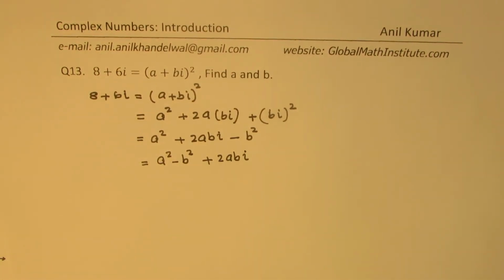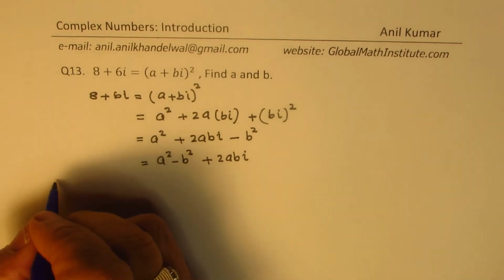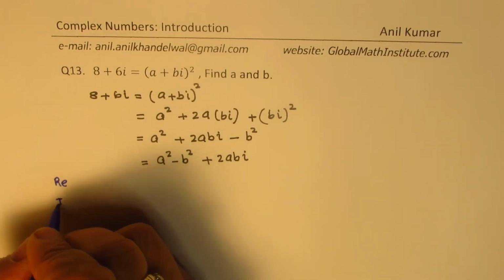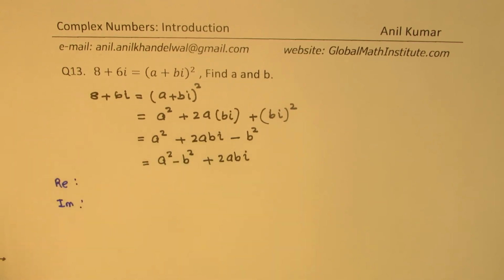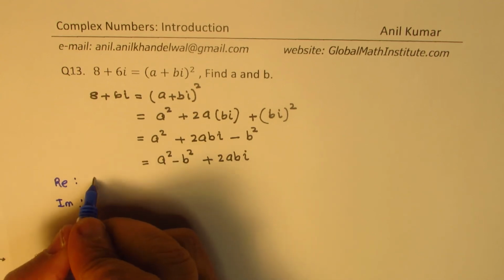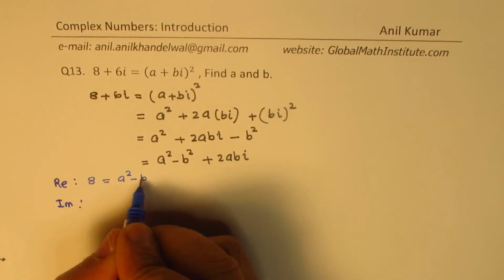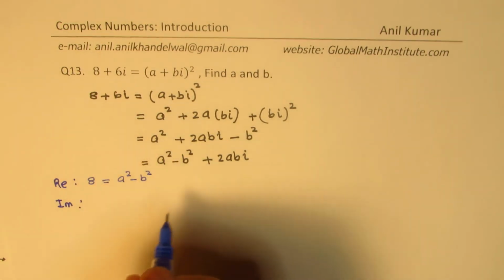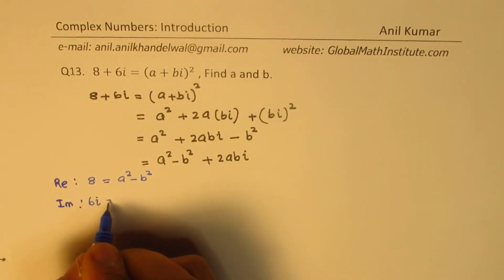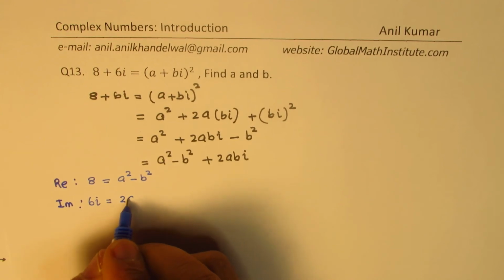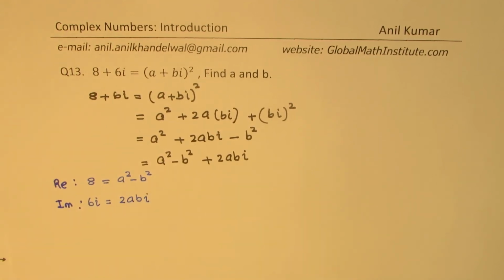Now, when they are equal, we have to equate the real and the imaginary parts. So we get two equations: 8 = a² − b², and 6i = 2abi. So we get two different equations to solve.